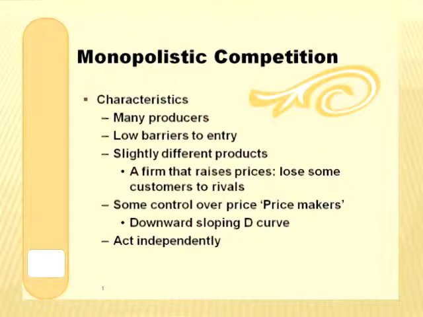And if they can convince you that they're significantly different, then they have complete control over their price, and so they're price makers. Each one of the individual producers acts independently. They act in a fashion that doesn't regard what goes on with the other members of the industry, which is more of what we saw in the perfect competition model and less of what we'll see in the next model that we look at.